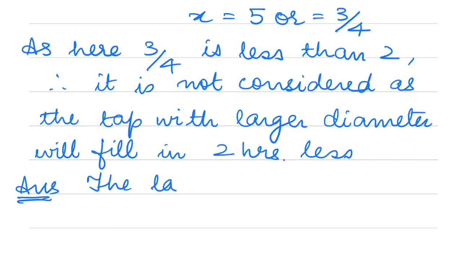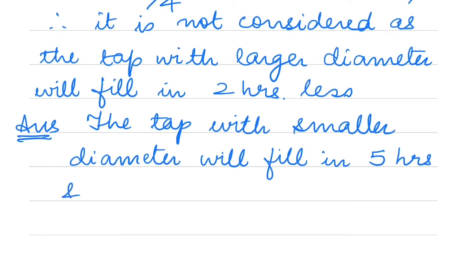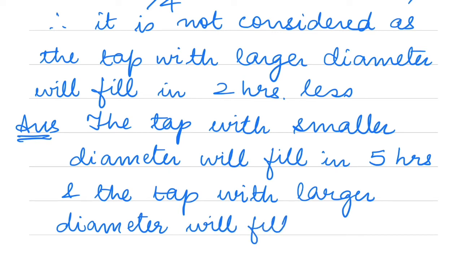Answer: the tap with smaller diameter will fill in 5 hours and the tap with larger diameter will fill in x minus 2. So 5 minus 2 is equal to 3 hours.